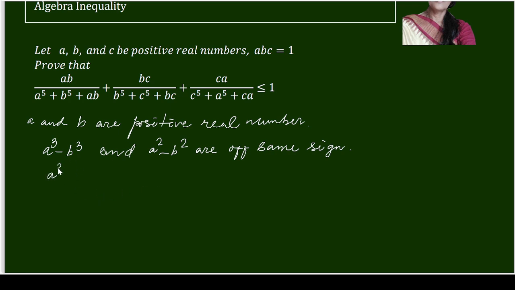So the product of A cubed minus B cubed and A square minus B square is always greater than or equal to 0, and it is equal when A equals B.